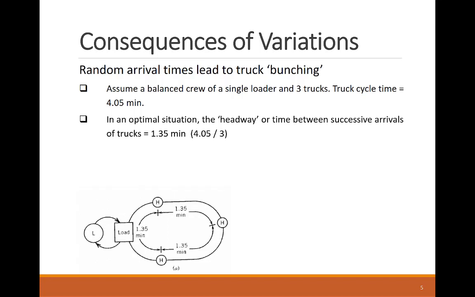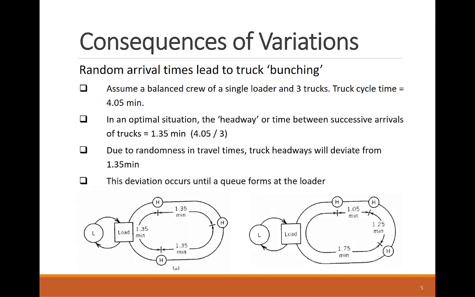However, this exact headway time cannot be maintained in reality, and it will sometimes be less or more than 1.35 minutes. This deviation will result in having a truck queue in front of the loader at some times and no trucks at some other times.